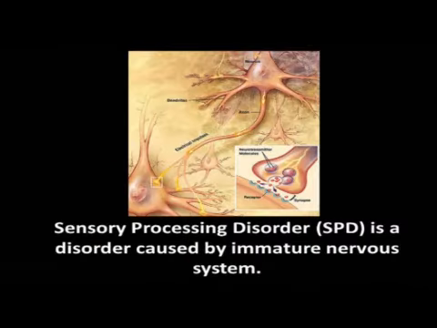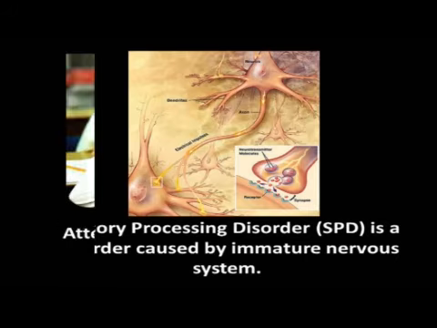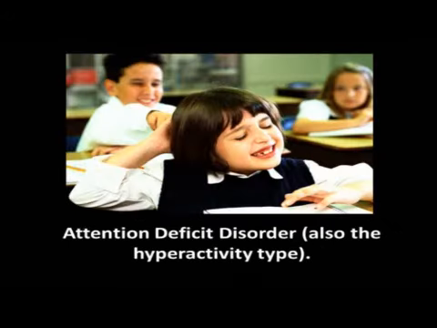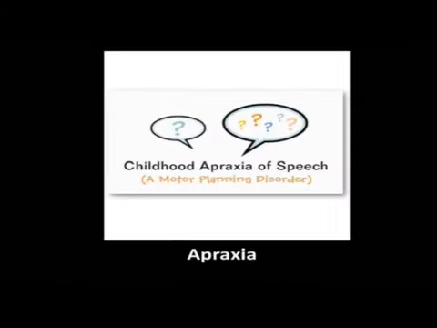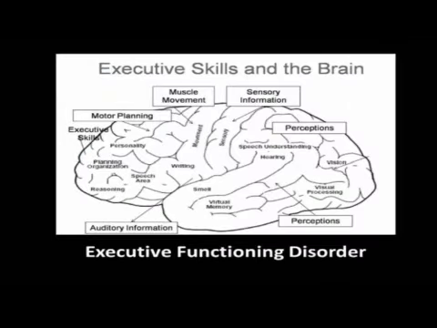Sensory processing disorder. Sensory processing disorder (SPD) is a disorder caused by immature nervous system development and coincides with many other diagnoses such as developmental delay, attention deficit disorder, also the hyperactivity type, learning disability, dyspraxia, apraxia, and executive functioning disorder.